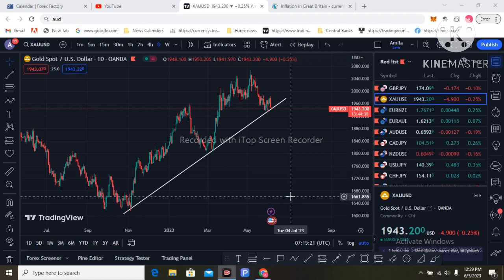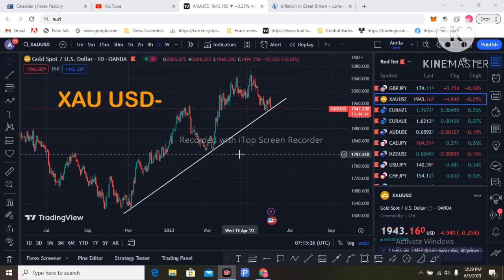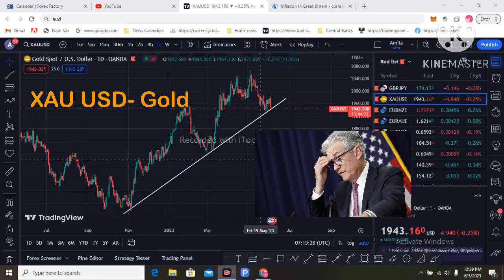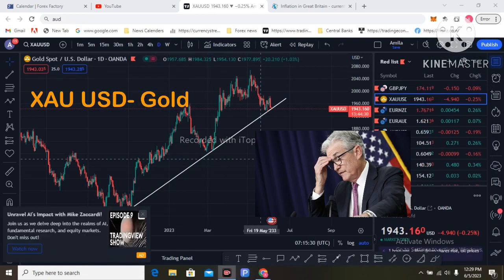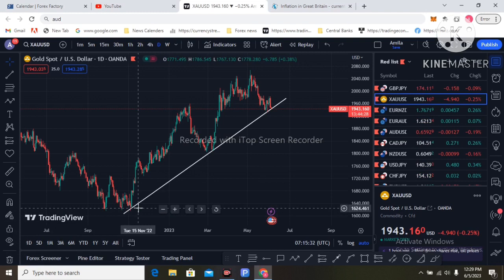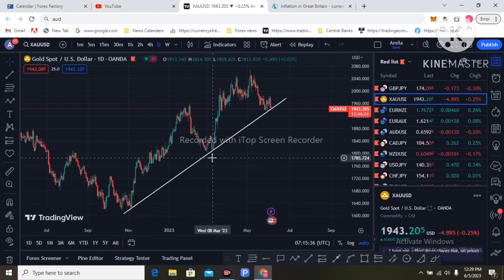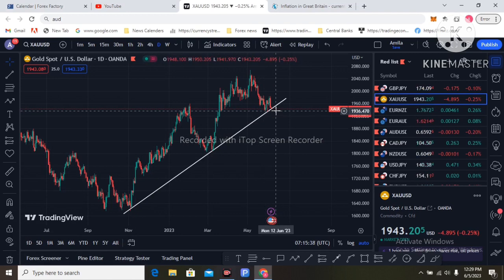This is the daily chart of gold, the most popular pair in the world with traders. On the daily gold chart, you can see I have already drawn a white trend line.